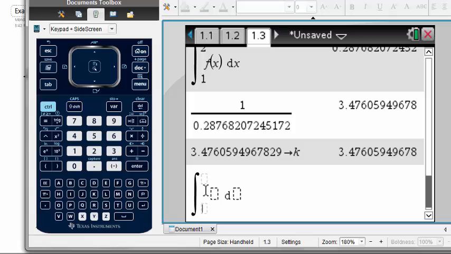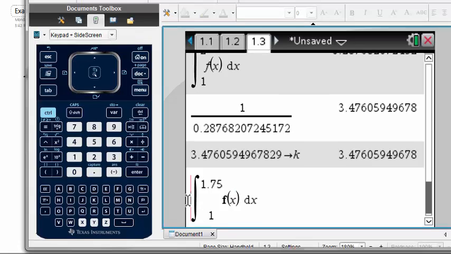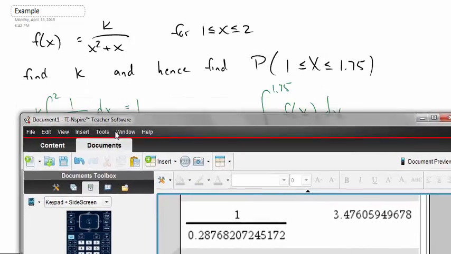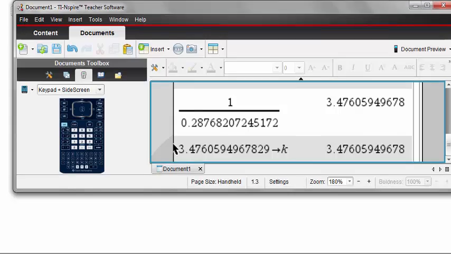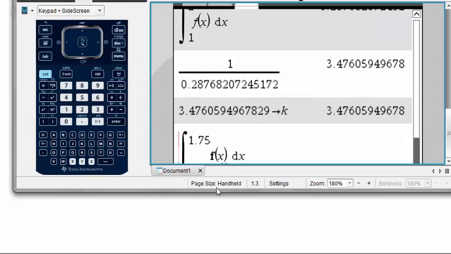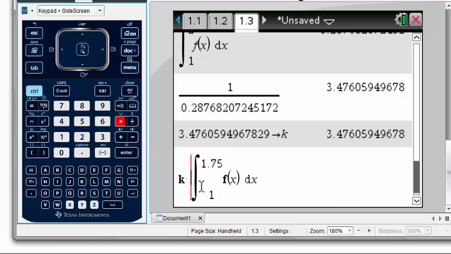So integral from 1 to 1.75 f of x dx. And hopefully you're saying, wait a second, f of x didn't have the k in there. You're right. That was a constant. If you look at how I displayed it right here, it was k times that integral. It's going to be the same way here. I need to put a k in front and then multiply.